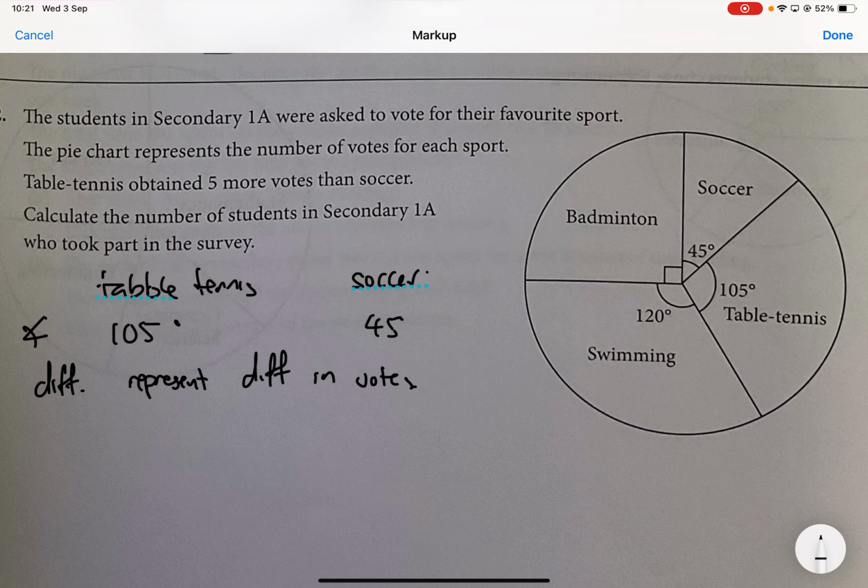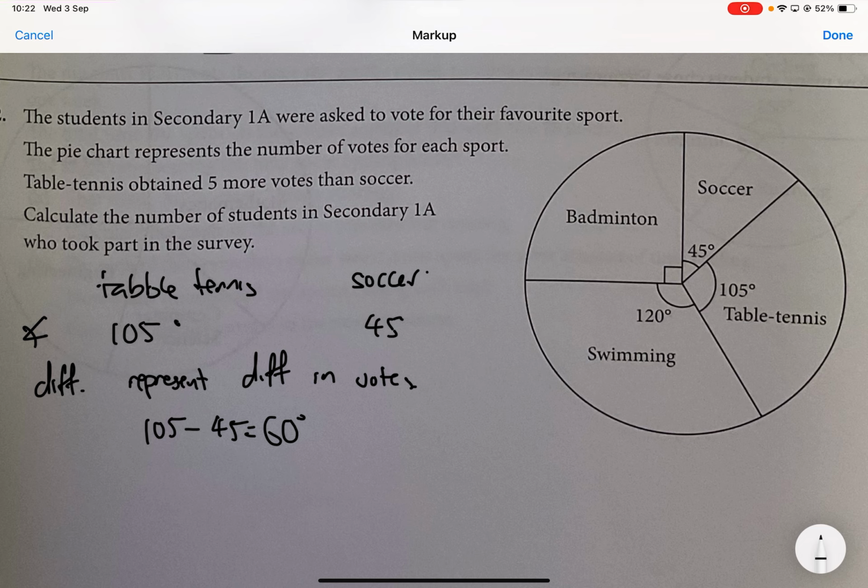Correct? When I have a bigger angle, I have more votes. When I have a smaller angle, I have fewer votes. So the difference in the angle will represent the difference in the votes. The difference in the angle is 105 minus 45 equals 60 degrees.